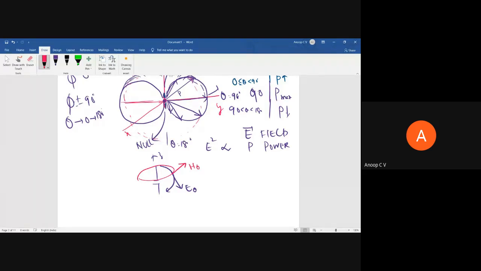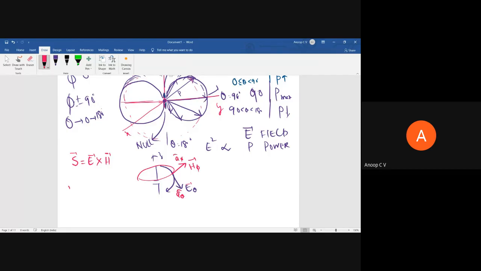H will have a phi component. And the entire power radiated will be propagating along the direction of the Poynting vector S, given by E cross H. E is along a theta cap, H is along a phi cap.